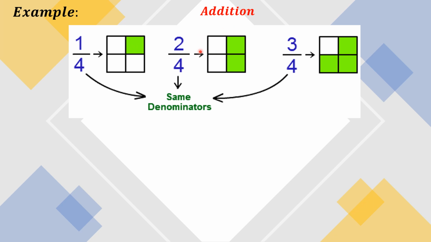Example number 2 is you can see 4 equal parts, but you can see only 2 shaded parts. And the third one is a square wherein there are 4 equal parts and there are 3 shaded parts.